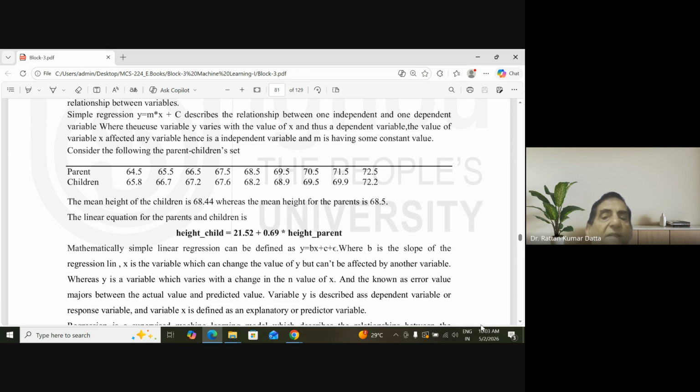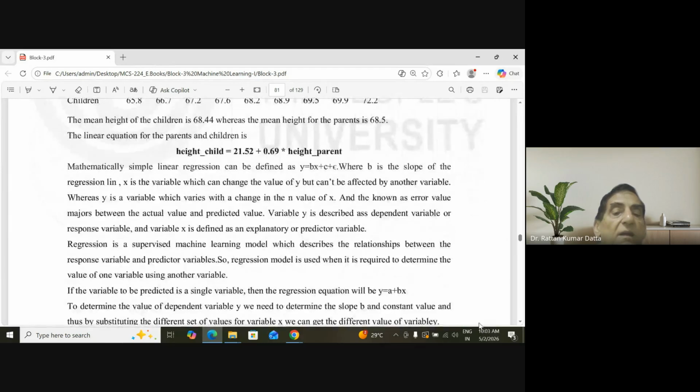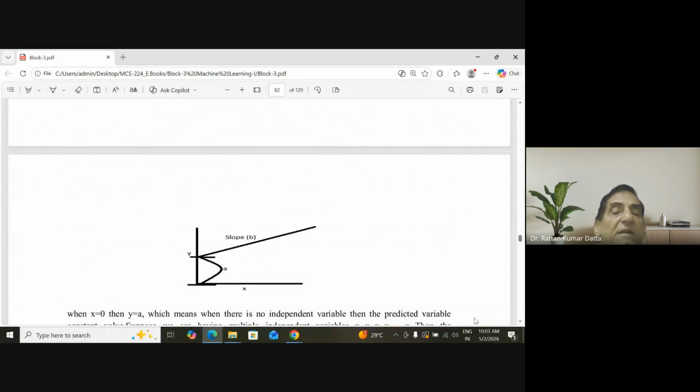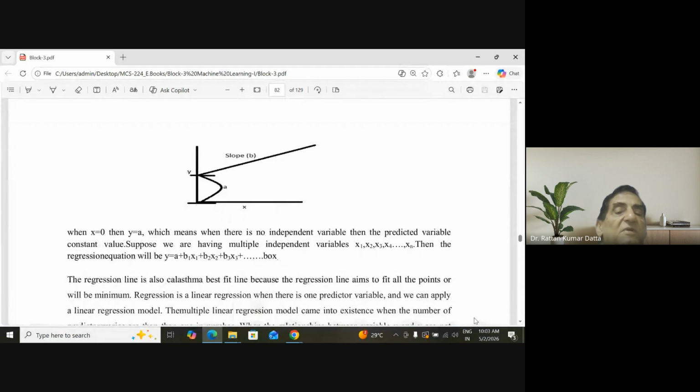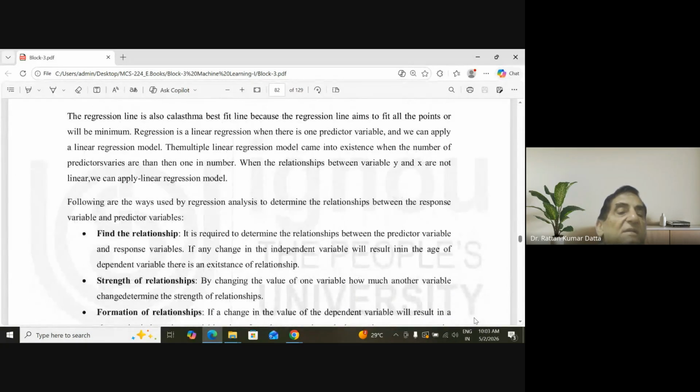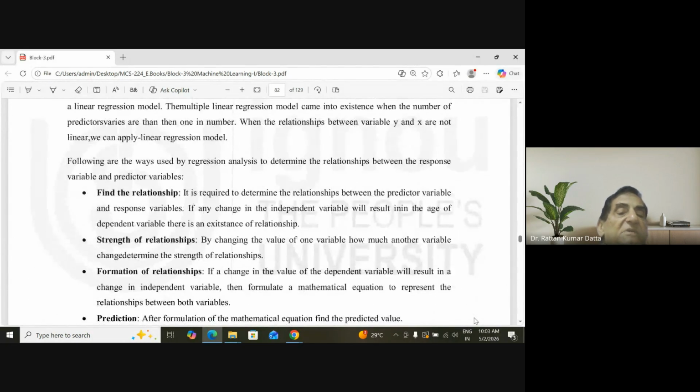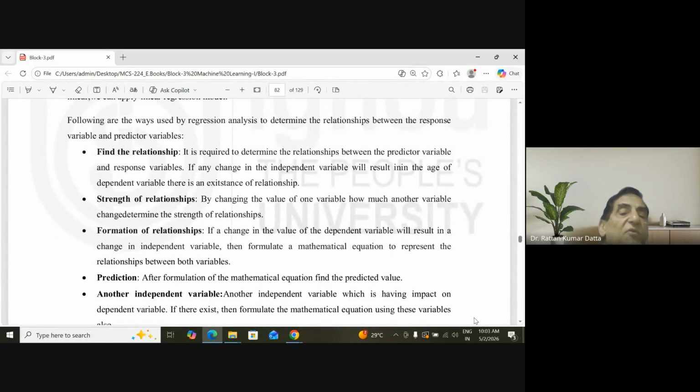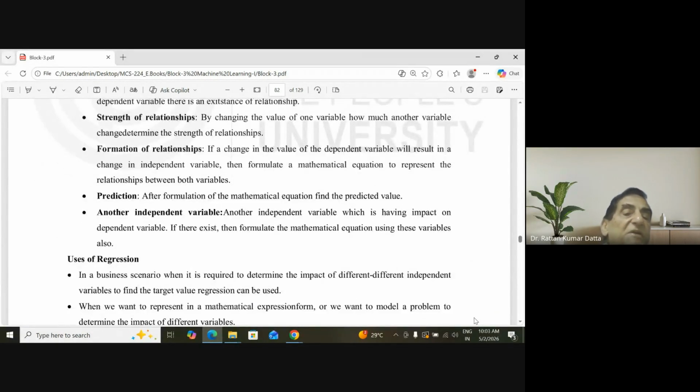So that's the type of thing, so that you can get the equation. Find the relationship, strength of the relationship, formation of relationship, prediction, another independent variable.